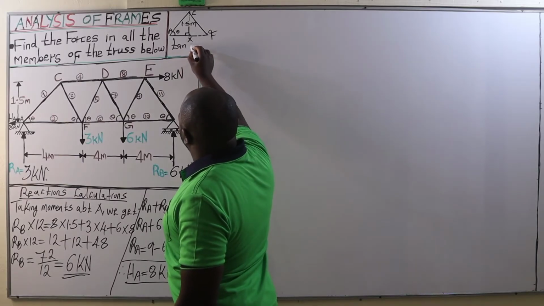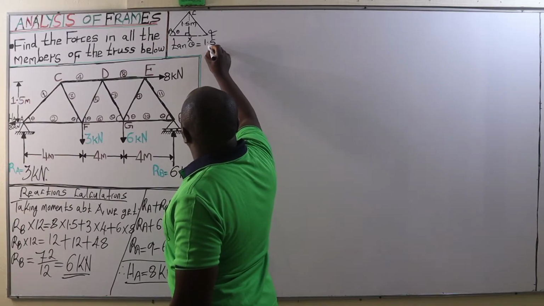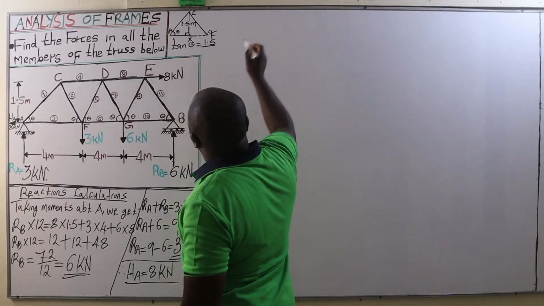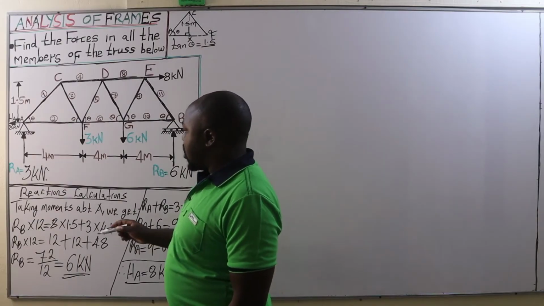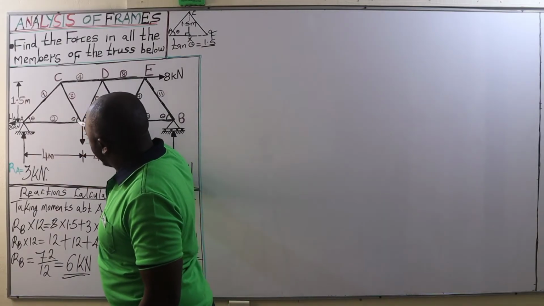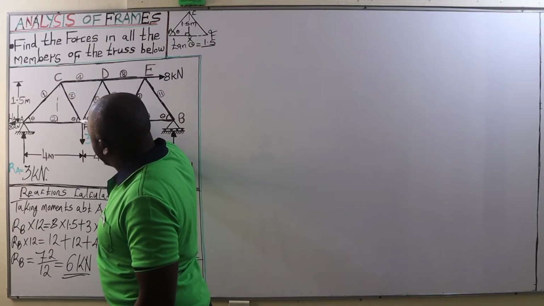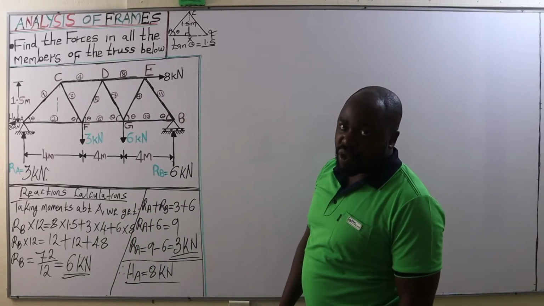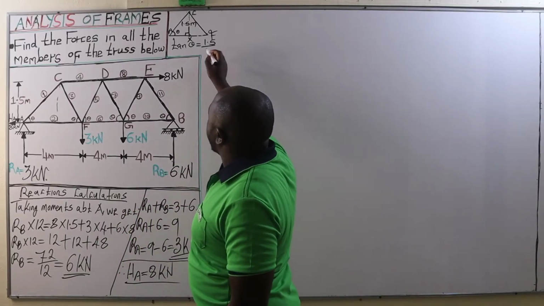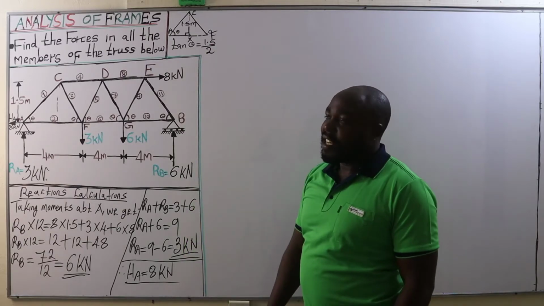Therefore, tan theta is equal to the opposite, 1.5, divided by the adjacent, which will be half of 4, because this perpendicular height divides the base of this isosceles triangle into 2 equal parts, each having a length of 2 meters.